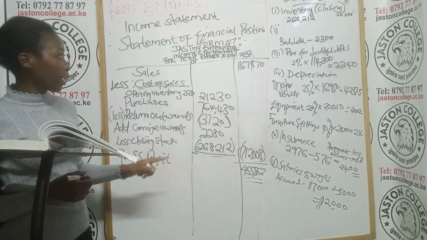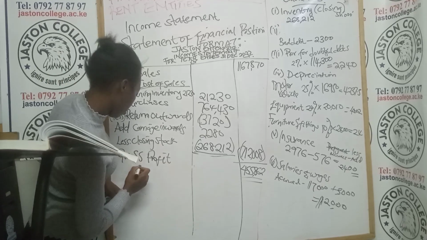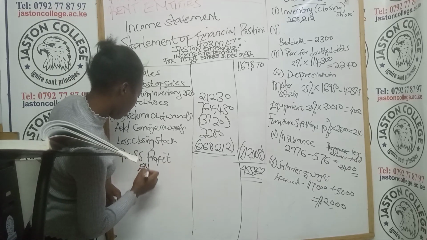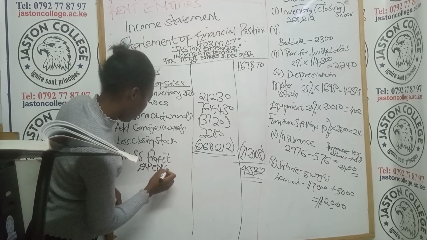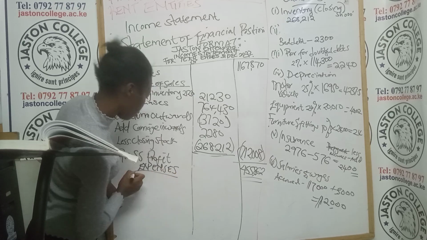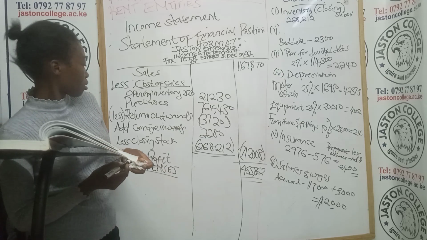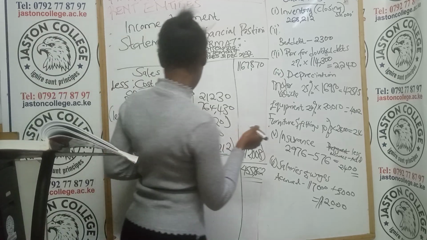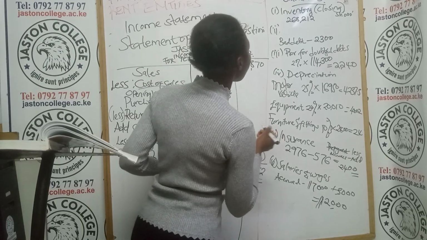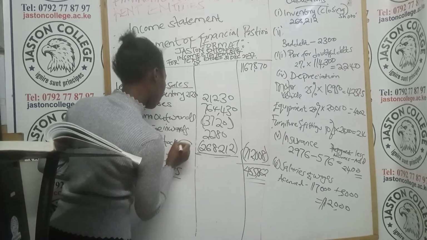And remember, we had expenses. So we will write our expenses here. Closing inventory, we have working number 1.